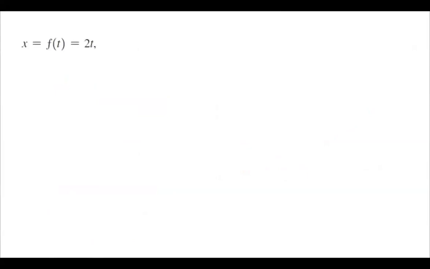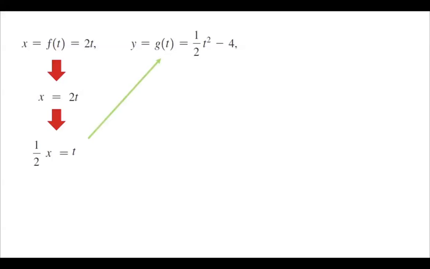So if x is equal to 2t and y is equal to a half t squared minus 4, is there any way that we can get rid of t and write this equation in terms of just x and y? From the first equation, x is 2t, so t can be written as a half times x. I have the second equation, which is y in terms of t.